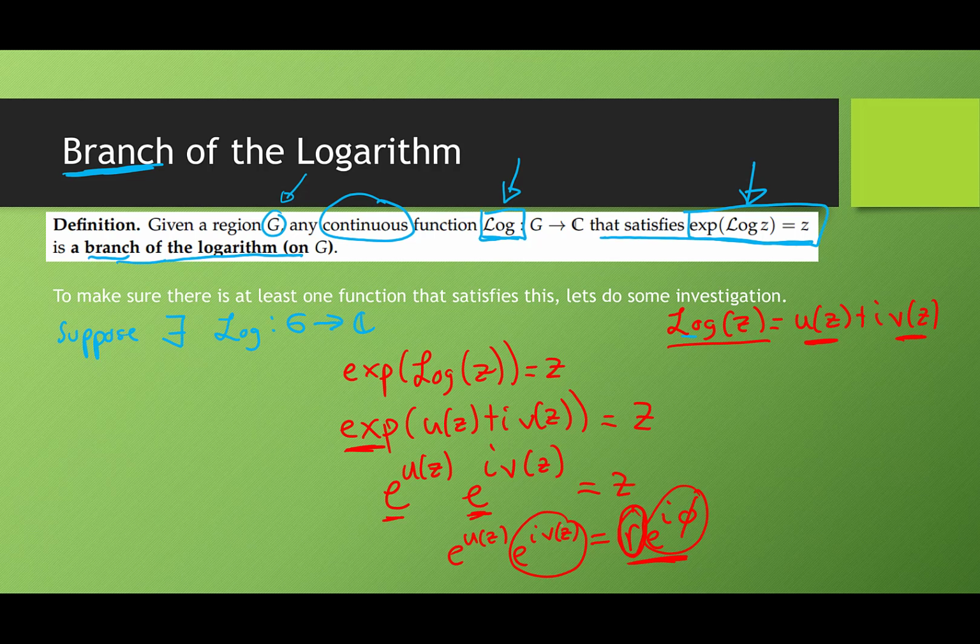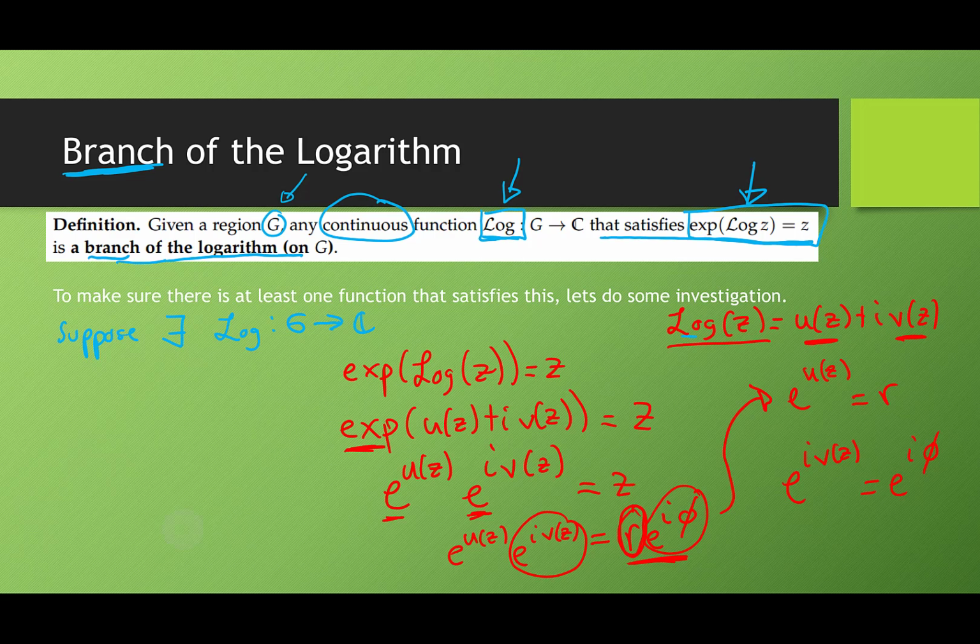So this gives us two equations. We get that e to the u of z is equal to r, and two, we get that e to the i v of z is equal to e to the i phi.